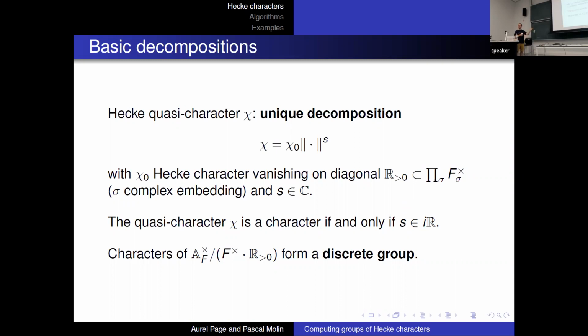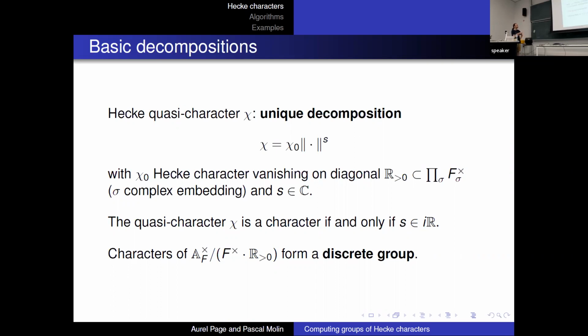Okay, so that's a way of getting rid of all the powers of the norm. And then you don't have to care about quasi-characters anymore. You just have regular characters, and they have this extra property of vanishing on this copy of our positive reals.